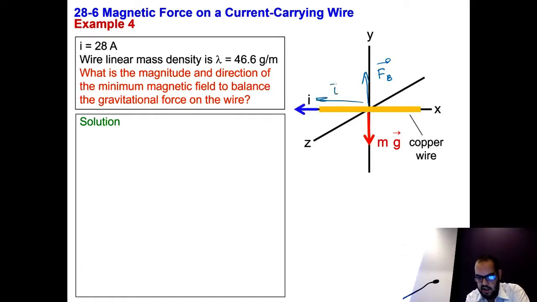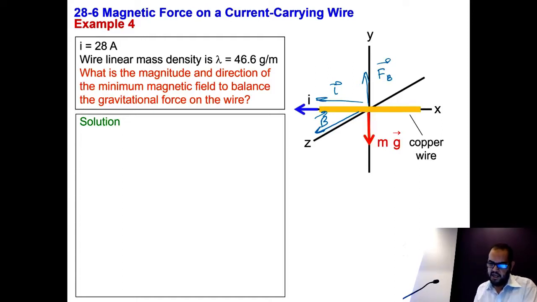In order for the force to be in the upward direction, the magnetic field has to be outside the page in the Z direction. This is the B direction, and you can check it: you take the L vector and the B vector, and the force is upward. So in this case, we need a magnetic field in the plus Z direction.